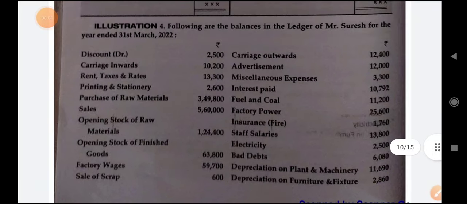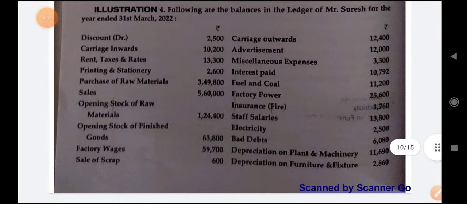Here I am with a new video relating to manufacturing account, trading P&L account. In this video we are going to solve a problem relating to manufacturing, trading and P&L account. Sometimes these type of problems will be asked.